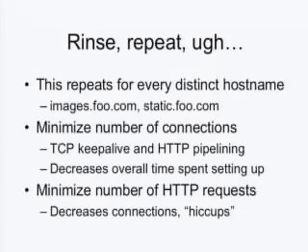So you can wind up with having quite a number of connections that are necessary just to be able to pull down your landing page. So we want to minimize the number of connections required to start your app. Things like TCP Keep Alive and HTTP pipelining really will cut down on the number of connections on TCP sessions required, so you can spend more time serving the content.